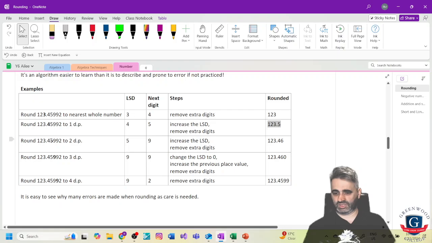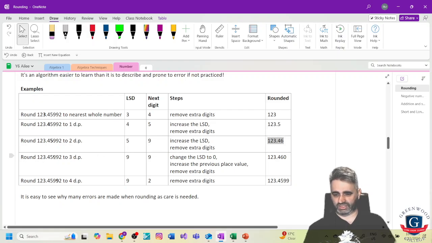Here, looking at the 2nd decimal place now, so that's the least significant digit. That's the digit after it. It's between 5 and 9, including 5 and 9. So just increase the least significant digit and truncate the rest. So that becomes 6. Get rid of all of that. So we've done that here. 3rd decimal place.